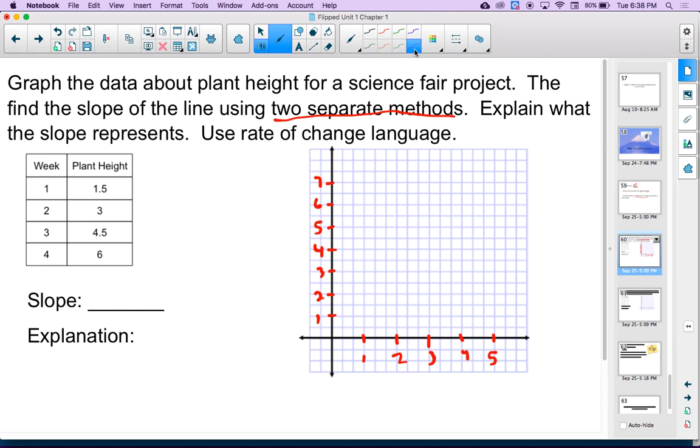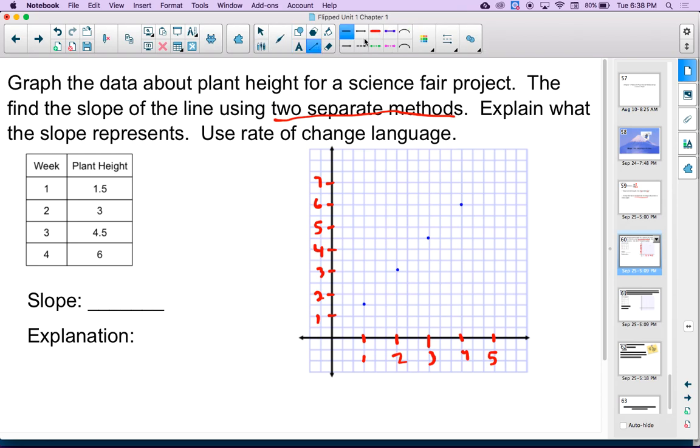So if we want to plot these points, we're going to go to 1, 1.5. 2, 3. 3, 4.5. 4, 6. And we can see that we have a really nice straight line forming there.